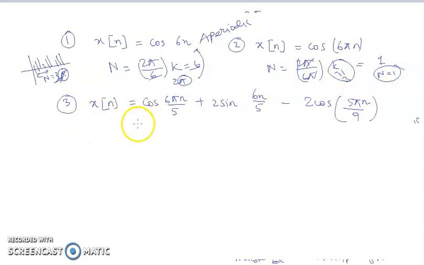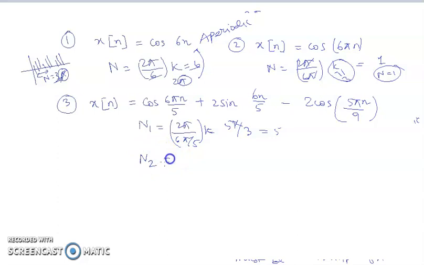Similarly, for the next, 2 pi by 6 pi by 5, pi cancels, so it is 5 by 3 into k, so it is equal to 5 only, 5k by 3, so 5 for k is equal to 3.